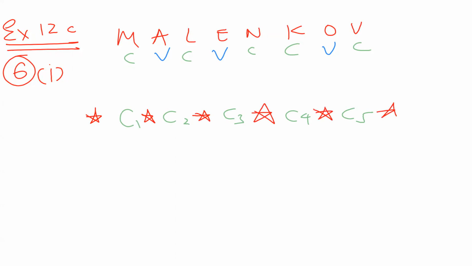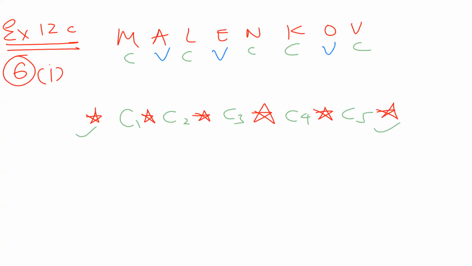See, the consonants can be arranged at the places C1, C2, C3, C4, C5. Okay. Now the stars are the available places for vowels, because no two vowels are supposed to be together. Okay. So they will be separated with a consonant, or they can be at the end points.